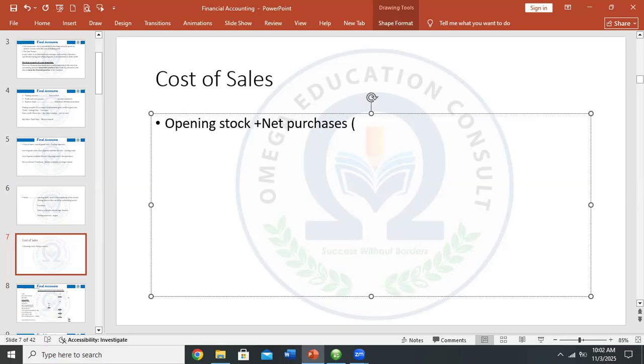It simply refers to your total purchases plus your carriage inwards minus return outwards. So you can substitute that in the formula and get opening stock plus purchases minus return outwards plus carriage inwards.